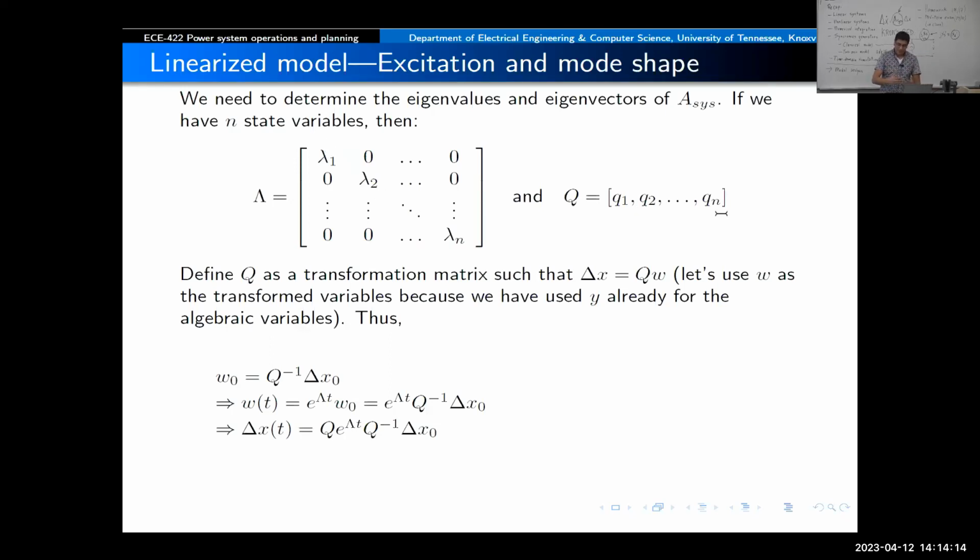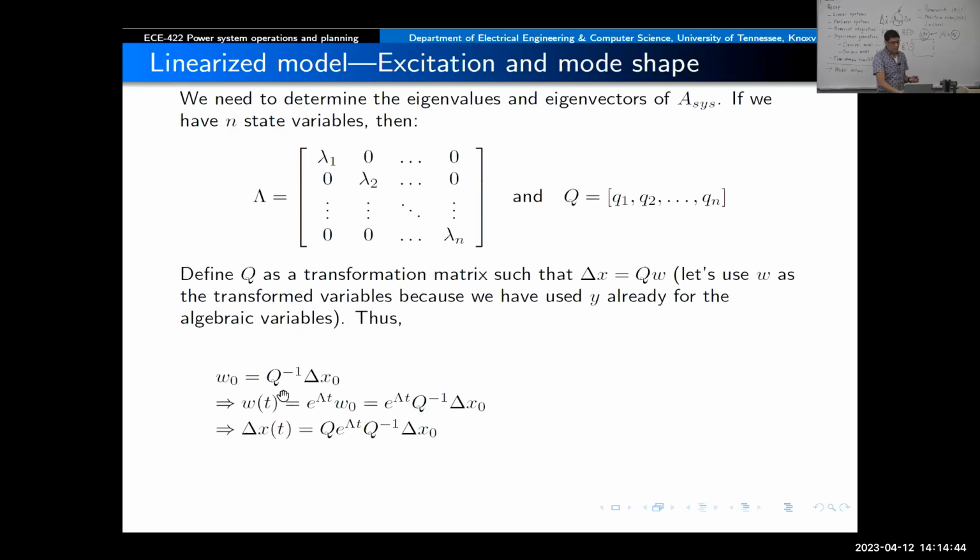And we're going to use these to transform the system, and we can solve for the transformed variables. What did we call the transformed variables? Do you remember? We called it y. And we're running out of letters here because we already called y the algebraic variables, not the transformed variable. I need to fix that. We're going to call it now the transformed variable w, okay?